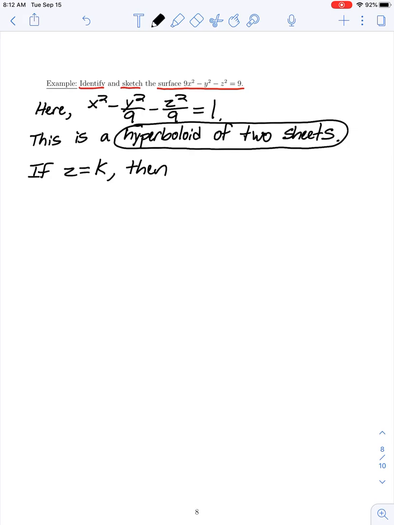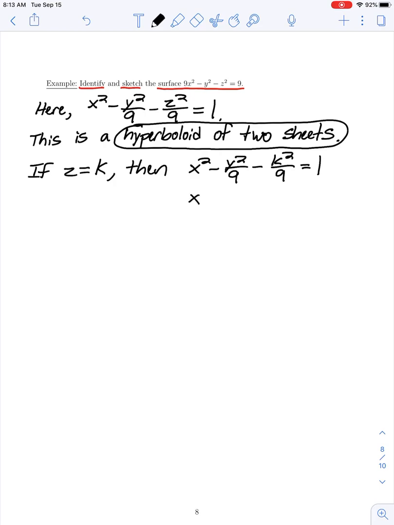If z is equal to k, then our equation becomes, using the standard form that I had rewritten it in, x squared minus y squared over 9 minus k squared over 9 is equal to 1.